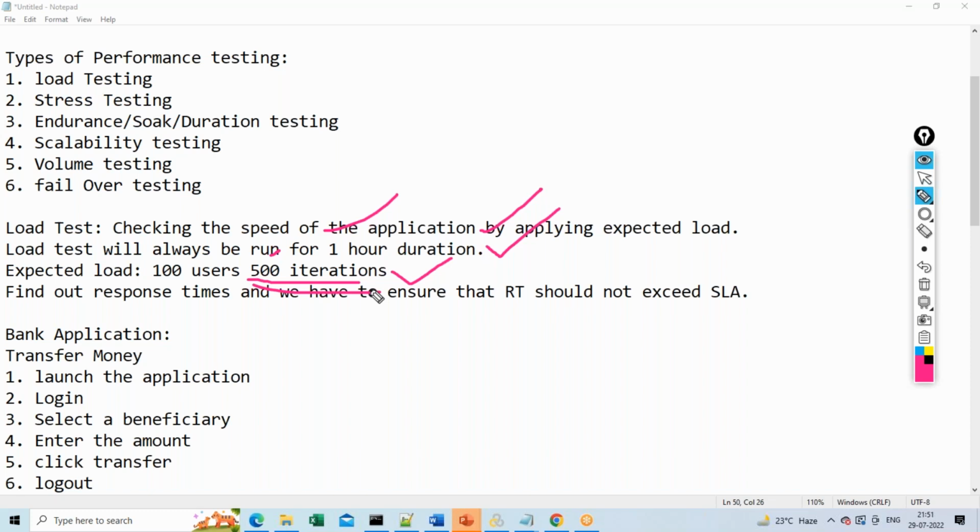For that purpose, the concept called workload modeling will come into the picture. We should evenly pace our execution in such a way that after executing 1 hour of load test, if you go back and check the results, you will definitely achieve 500 for sure. Very soon, in the next 4-5 days, we are going to learn that workload modeling concept.